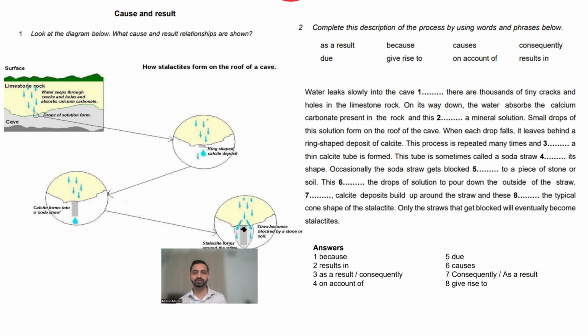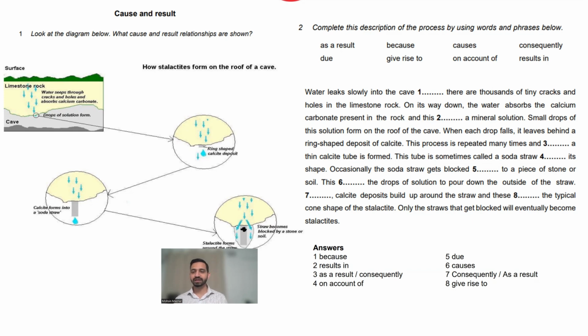Small drops of this solution form on the roof of the cave. When each drop falls, it leaves behind a ring-shaped deposit of calcite. This process is repeated many times, and as a result, or you could use consequently, a thin calcite tube is formed.